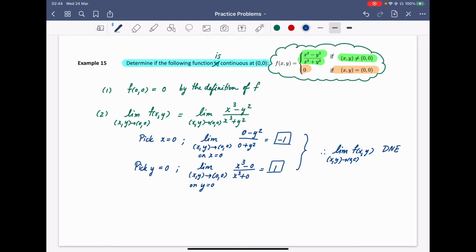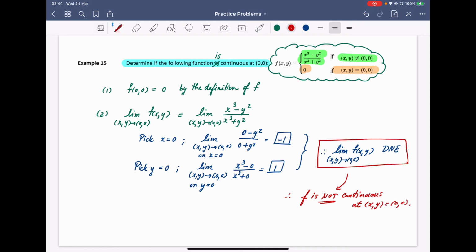Because the limit of the function f does not exist, we also conclude that the function f is not continuous at the point (x,y) equal to (0,0). Does it make sense? All right, I hope you are still fine with this example.